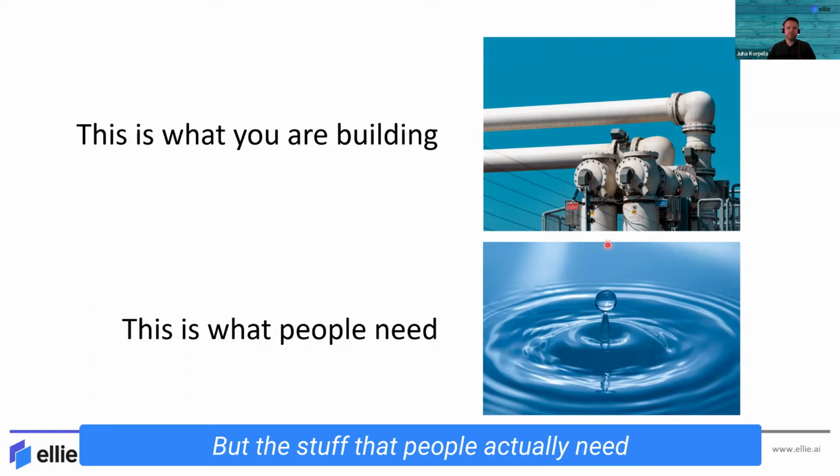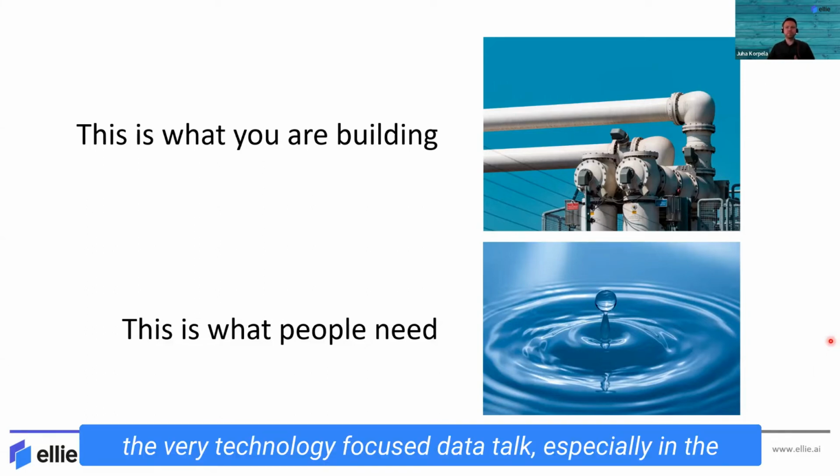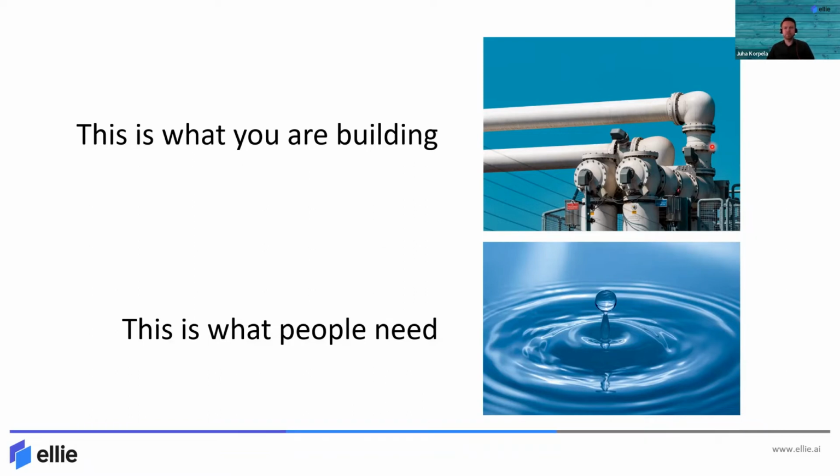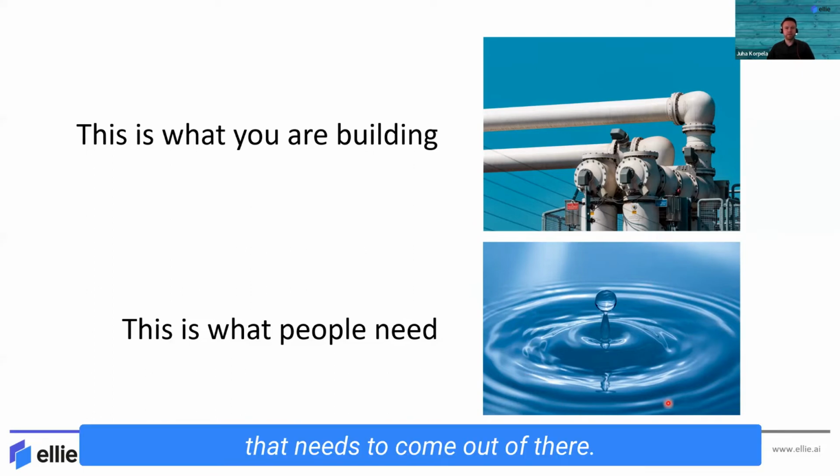But the stuff that people actually need is the stuff flowing inside those pipelines. So there's some sort of a disconnect here between the very technology-focused data talk, especially in the context of this data mesh now, and the actual result that needs to come out of there.